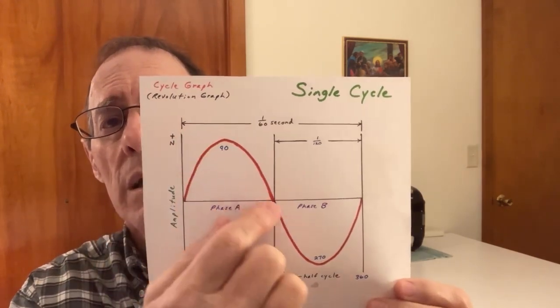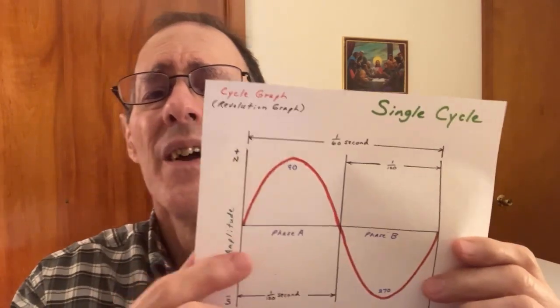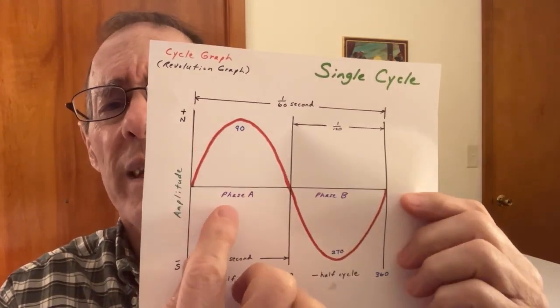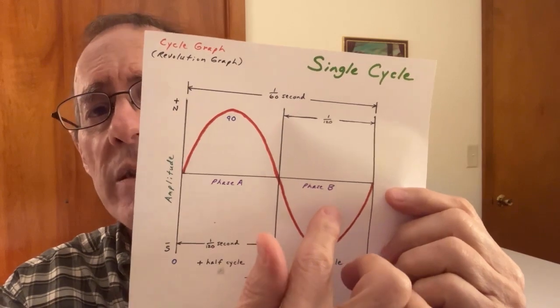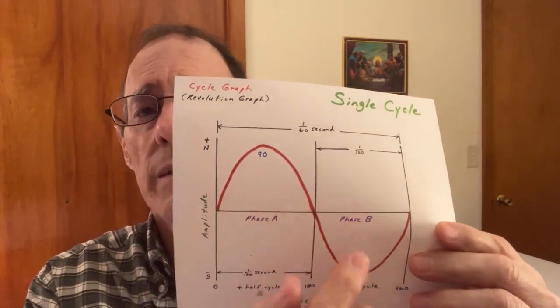But it's still one cycle, one revolution of that generator. All right? So if you called this single phase, then this would be a phase of a phase, and that would be a phase of a phase. And a phase of a phase is actually a segment. And this is not called segment A and segment B.